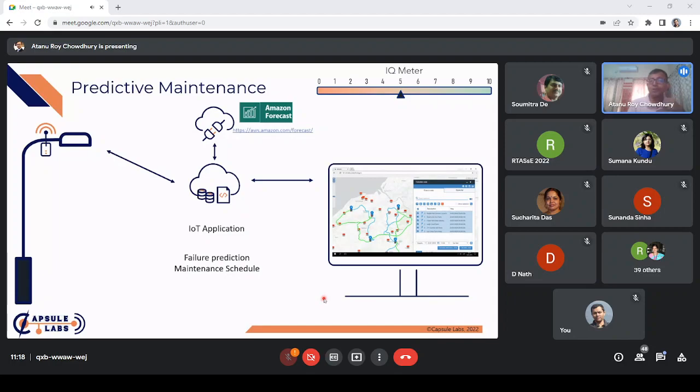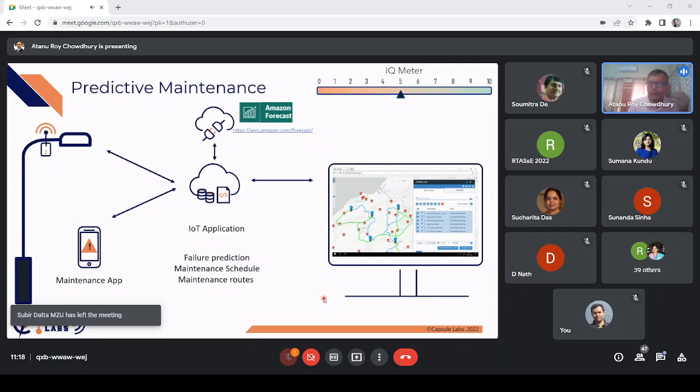So that I'm not responding to the situation, I'm not in a reactive mode, but I am now going into a predictive mode, right? Data gets fed into a mobile app that is used by the field force, so they know exactly which light to fix next.